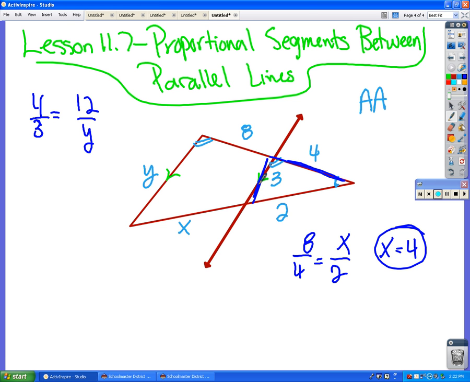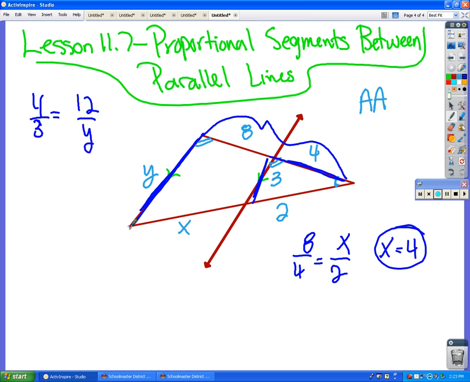Since these are both sides of the triangle, I have to compare them not to sides of the trapezoid, but to sides of the entire triangle. So 4 over 3 does not equal 8 over y, because this little piece, as Jake pointed out, is not a side of the triangle, it's just part of the trapezoid. So side of triangle over side of triangle: 4 over 3 equals the entire side of the triangle, or 12, over this side of the triangle right there, y.